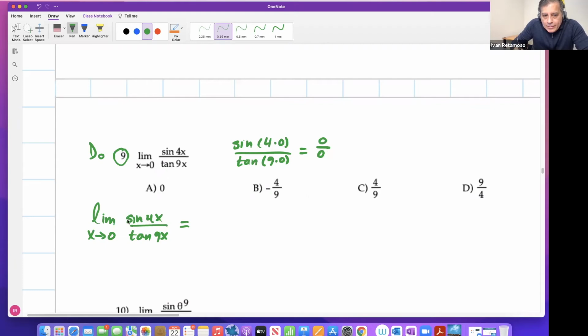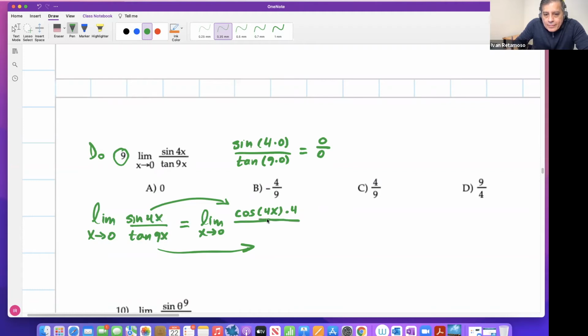The limit of sine of 4x over tangent of 9x is just equal to the limit as x approaches 0 of the derivative of sine of 4x, which is the derivative of the outside function sine, cosine of 4x, times the derivative of the inside function 4x, 4, right? 4. At the bottom, the derivative of tangent.